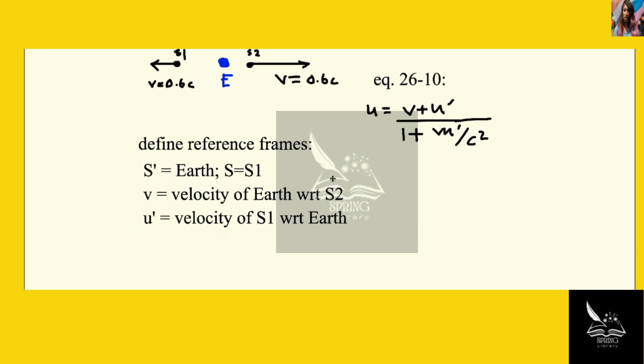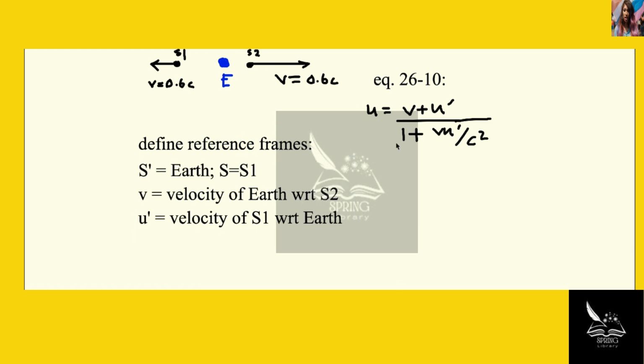And so with this setup, we can go ahead and solve this equation for the part A. And so what we have is that u will be equal to this over this plus that over that. And so v will be 0.6c.